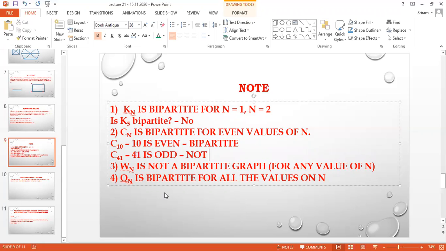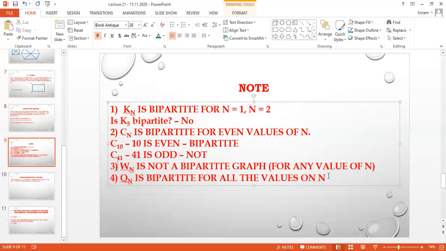And for the next two, one for wheel: a wheel is never a bipartite graph. Wheel is always not bipartite. If I find W1, W3, W10, W100, W200, W500, any number for wheel, this is not a bipartite graph.